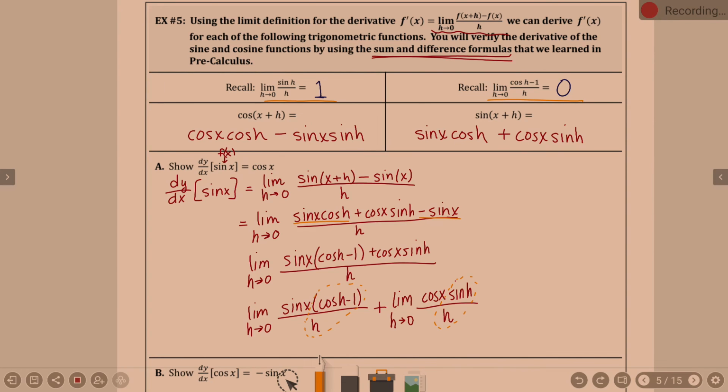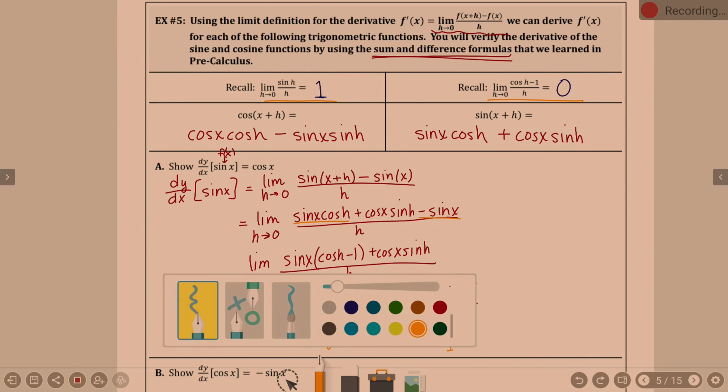The idea here is that this one, when you do the limit, is going to become 0. This piece, when we do the limit, is going to become 1. So now, are you seeing where we're going with this?